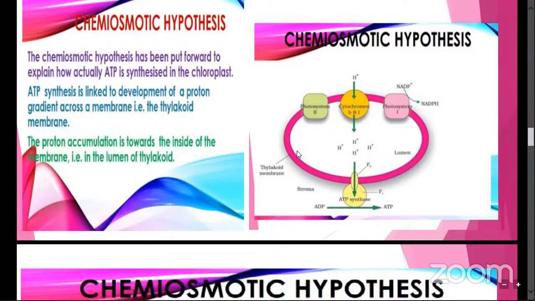In the other step, in photosystem 2, there is an electron loss. Whatever electrons are released during the excited state are transferred through various electron acceptors and accepted by photosystem 1, but not by photosystem 2. That means there will be electron loss created in the photosystem 2 reaction center.